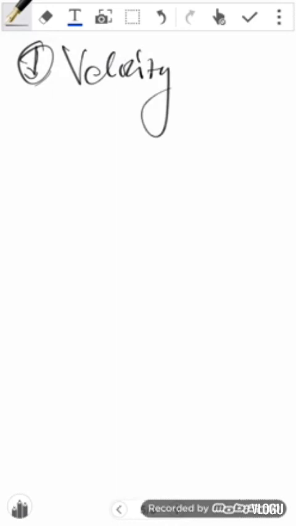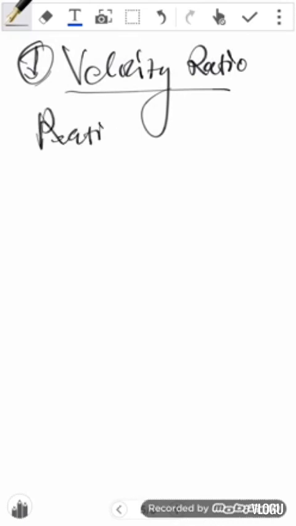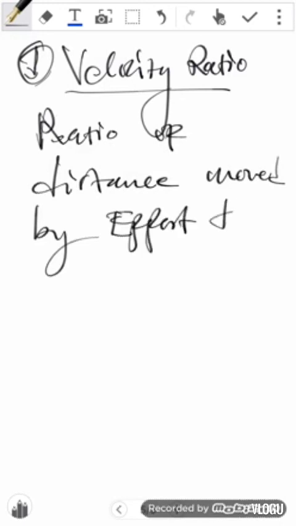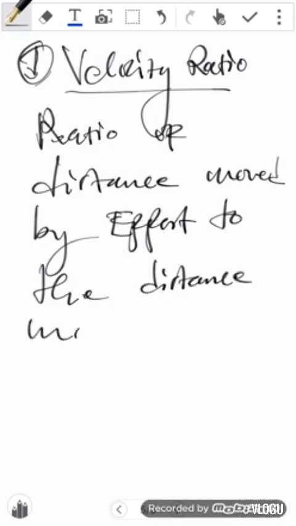The next term is velocity ratio. Velocity ratio is the ratio of the distance moved by the effort to the distance moved by the load.